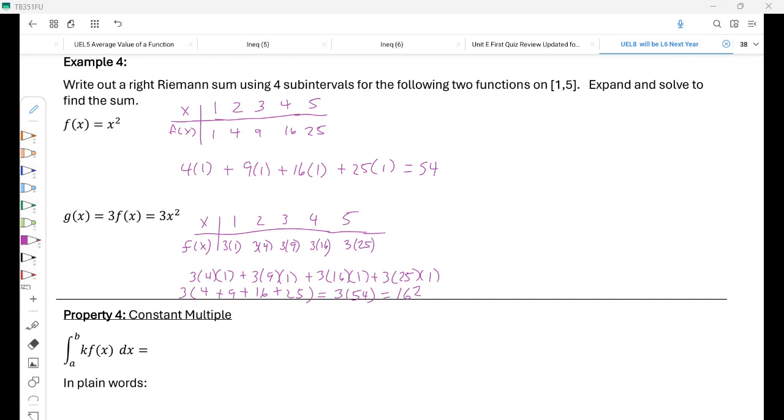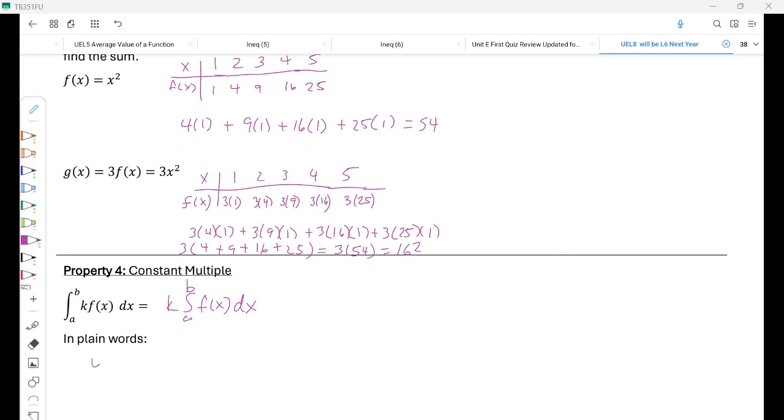So the integral from a to b of k f of x is k times the integral a to b of f of x dx. You can pull or factor out a constant multiple from an integral. Boom.